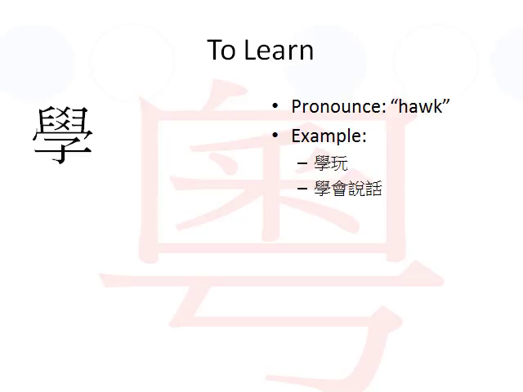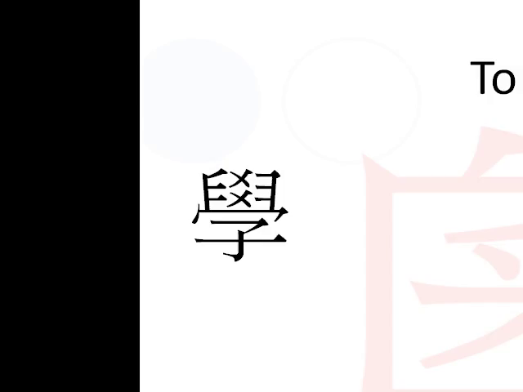Just lower the sound of the K in the end a bit, and it would sound pretty similar to the Cantonese pronunciation học for the verb to learn. So the examples would be học玩, which means learn how to play, and học會說話, which means learn how to speak.